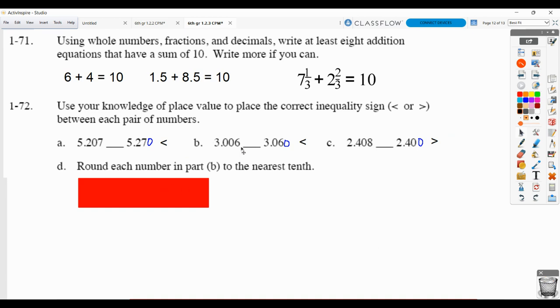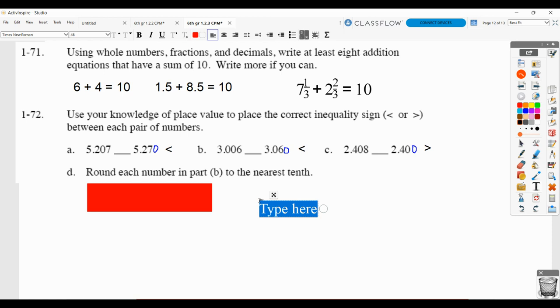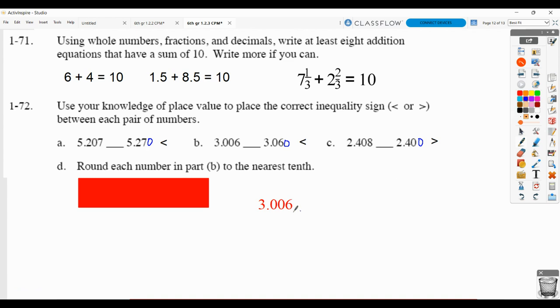Now they want me to go to part B and round it to the nearest tenth. So if I have 3 and 6 thousandths, the tenth place is here. To the right of that is a 0. So when I round, I'm going to keep the 3 as it is.